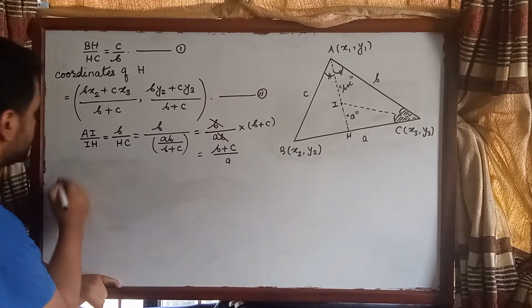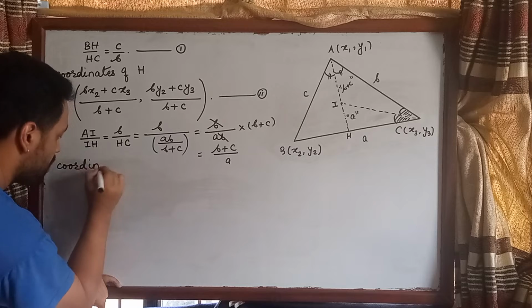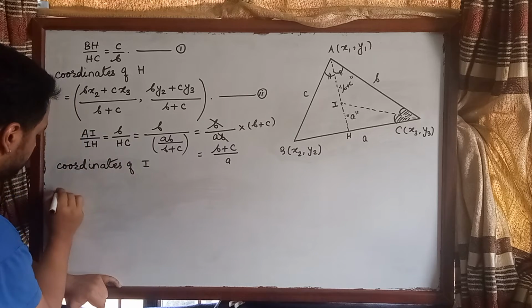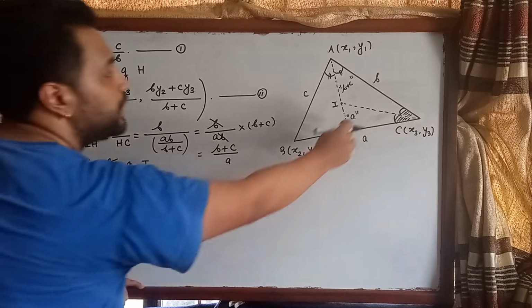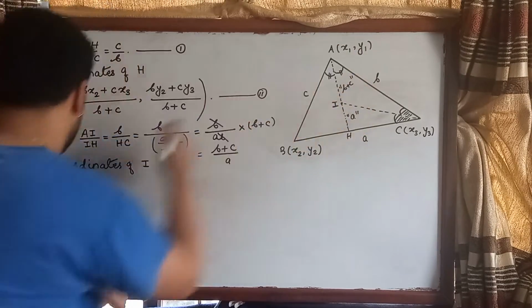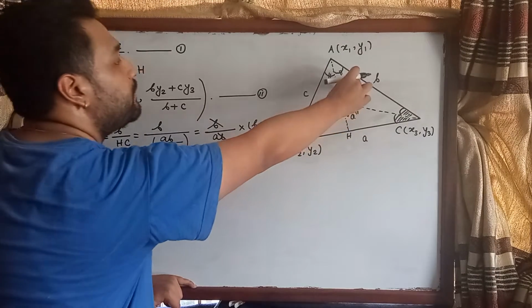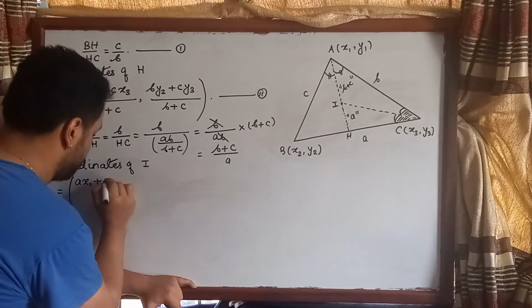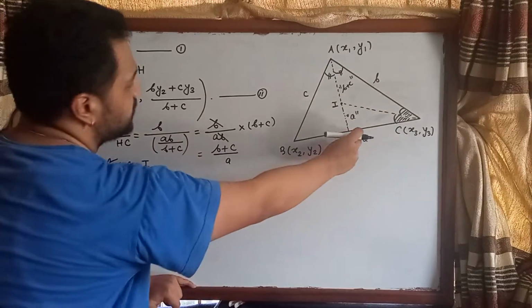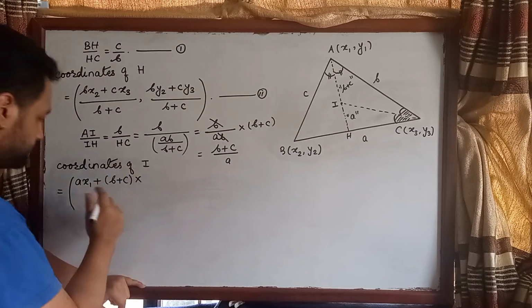Okay, so finally we have coordinates of I to be equal to A times x1, plus B plus C times the x coordinate of H, isn't it?